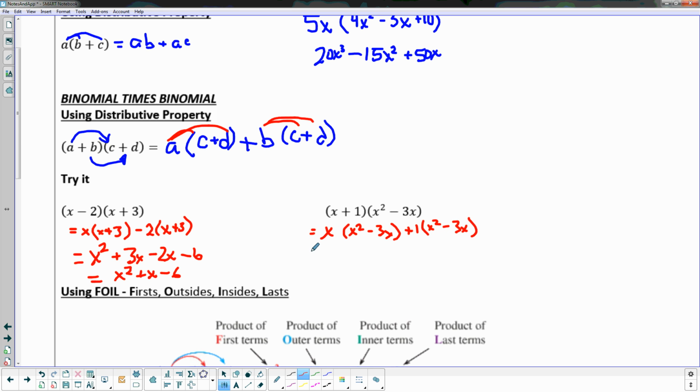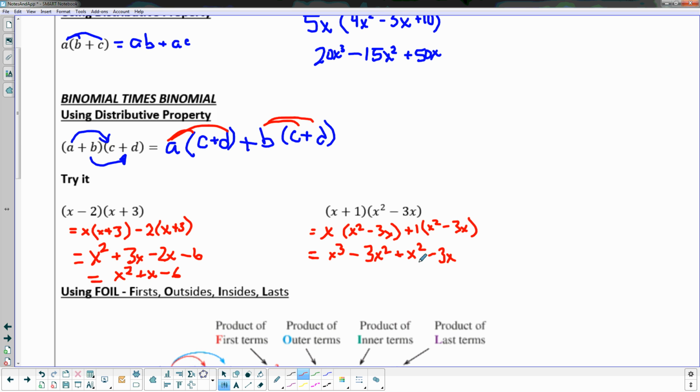Then distributive property again. x times x squared is going to be x cubed. x times negative 3x is negative 3x squared. And then 1 times this other thing is just going to be it again. So 1 times x squared is x squared. 1 times negative 3x is negative 3x.